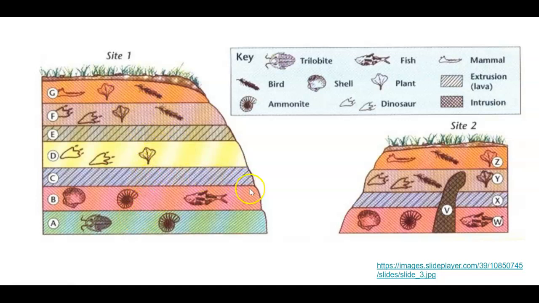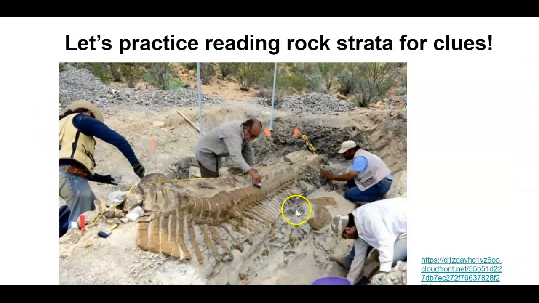And I can compare things I know in one place and another to figure out how old they are. Notice here, layer V melted into layers Y, X, and W. That means this has to be younger than those layers. All right, we're going to give that some practice with that handout. Just do your best and see if you can figure it out.